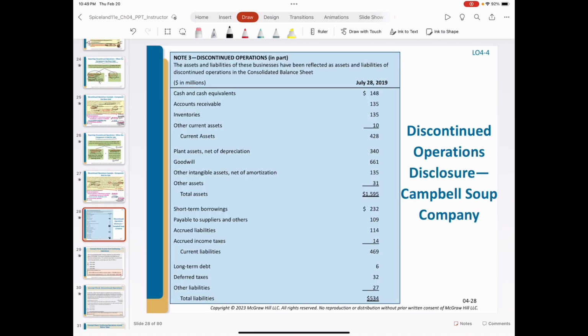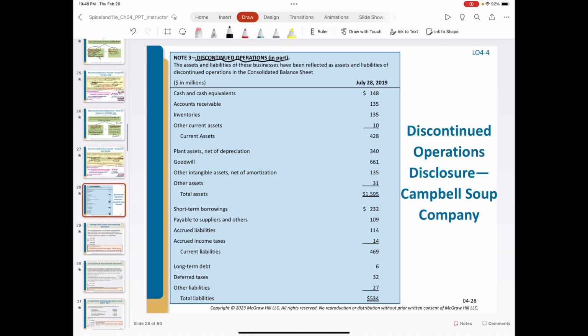Also, the discontinued operation will have impact on the balance sheet. This is the balance sheet just for the discontinued operation or divisions. And all the assets and liabilities will be removed from the books of the parent company.